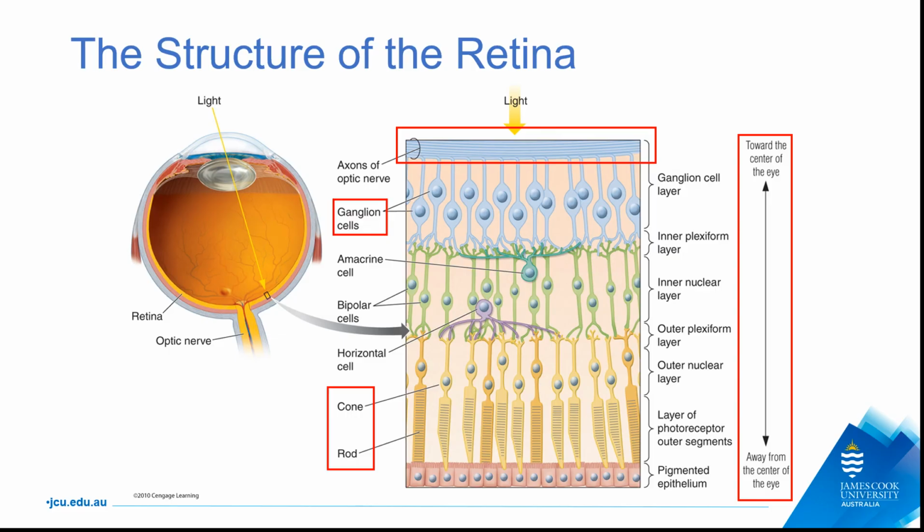So all this energy from the cones and the rods, pardon my pronunciation, has to travel in a bottom-up direction all the way to the ganglion cells. Then the ganglion cells send out all these nervous outputs to our brain. This is a very unintuitive biological structure.